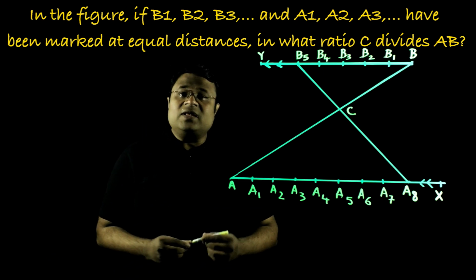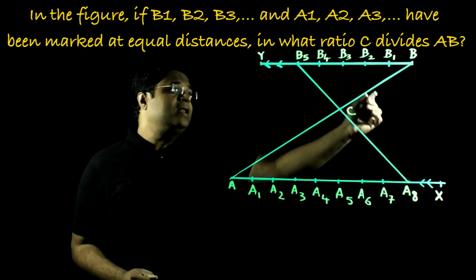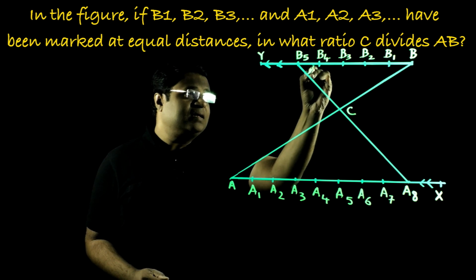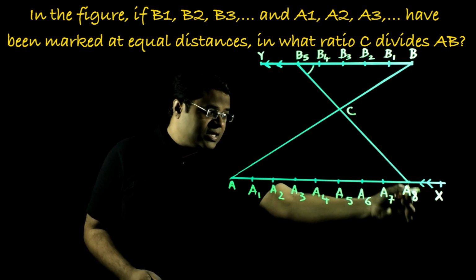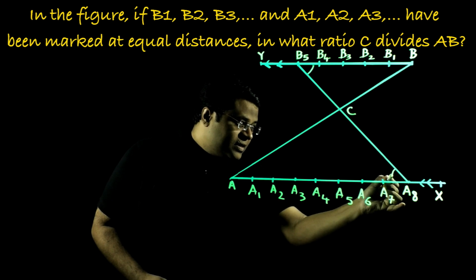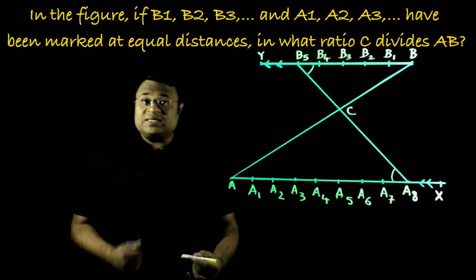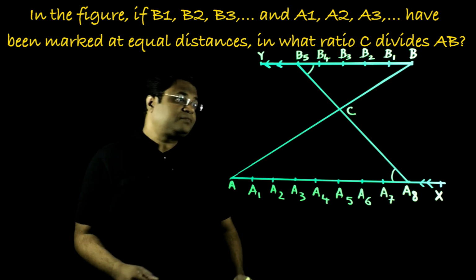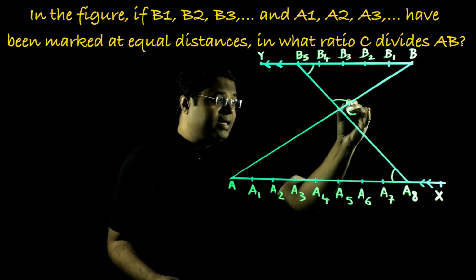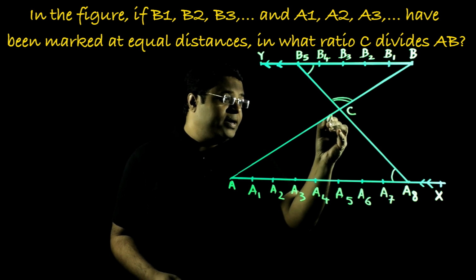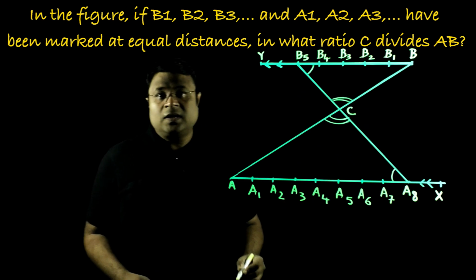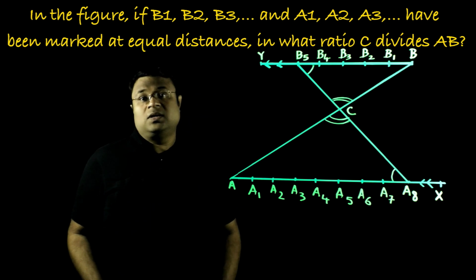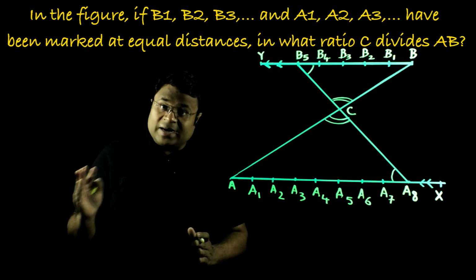So, very quickly we will see that in the triangles, this angle is equal to this angle. Come on, the reason is that they are alternate angles, and these two angles are vertically opposite.